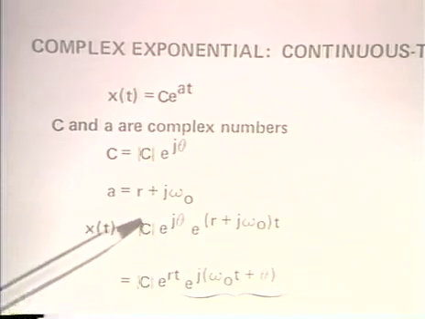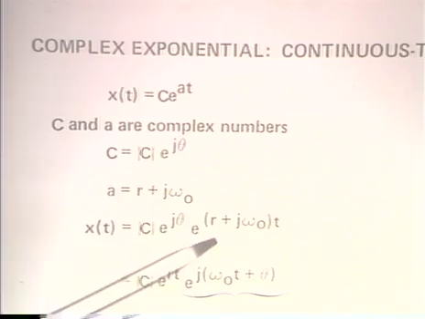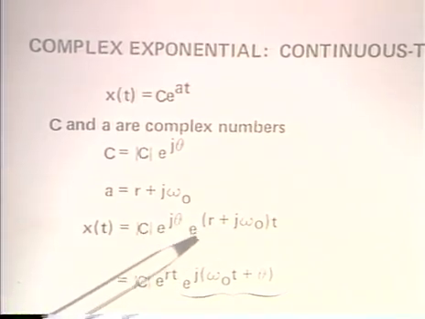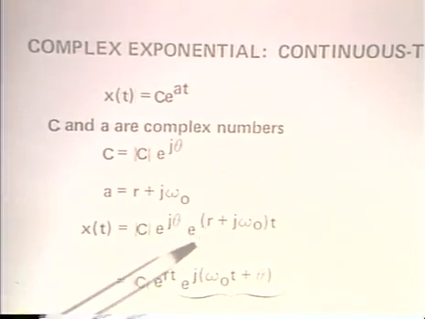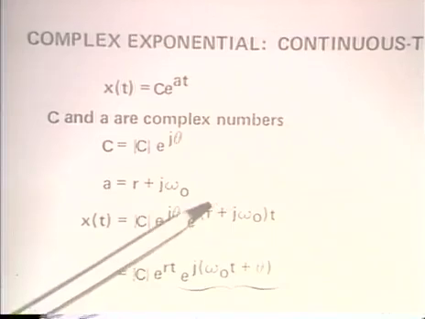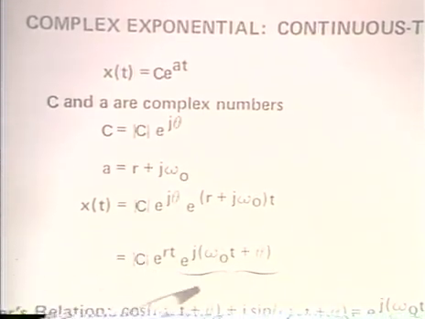I have this for the amplitude factor and this for the exponential factor. I can now pull out of this the term corresponding to e to the rt and combine the imaginary parts together, and I come down to the expression that I have here.